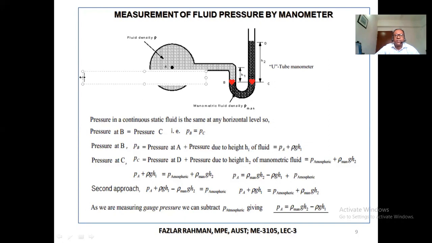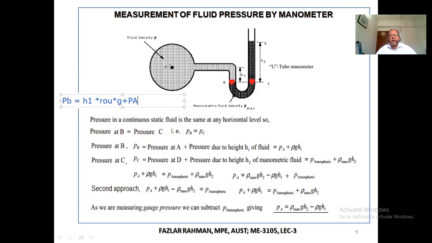So I can say PB equal to H1 rho g, right? But this one gives you only the pressure from this height, but it is not giving you how much the pressure in the tank is. So you need to add PA.